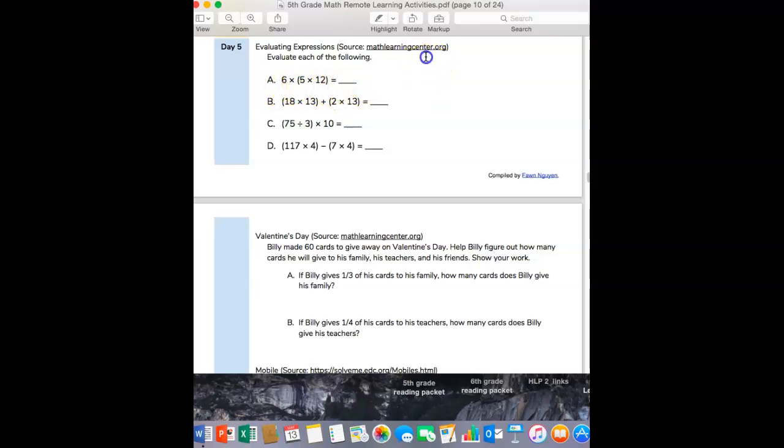Remember PEMDAS: Please Excuse My Dear Aunt Sally. This is for parentheses, exponents, multiplication and division, addition and subtraction. This is an S, not a 5.